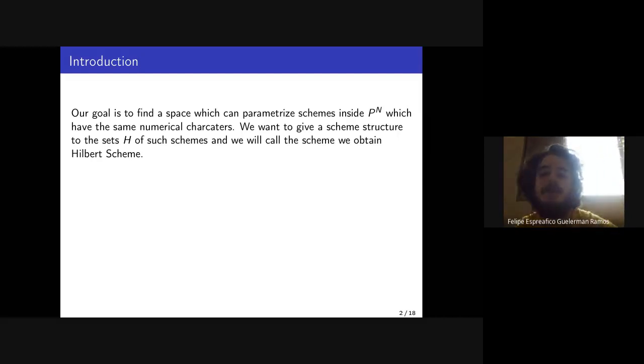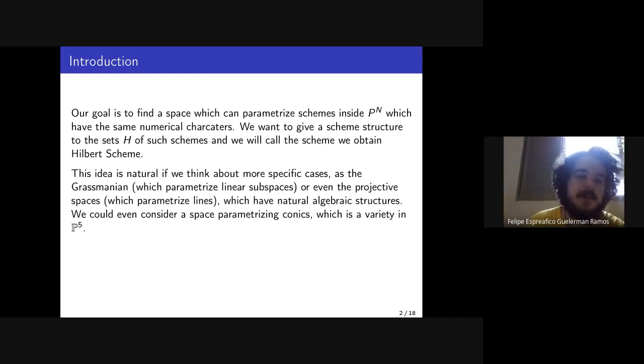We are going to parameterize just families of schemes that are similar in some sense. And we want to give a scheme structure to the space that parameterizes these schemes. And this space will be called Hilbert scheme, right?